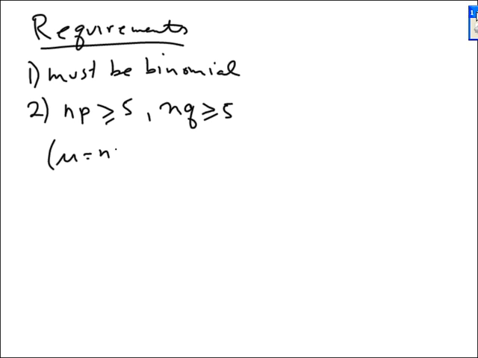Remember that mu is NP for binomial, and that the standard deviation is the square root of NPQ. It must be binomial, and NP and NQ must be 5 or more.